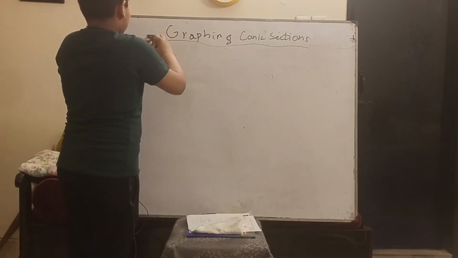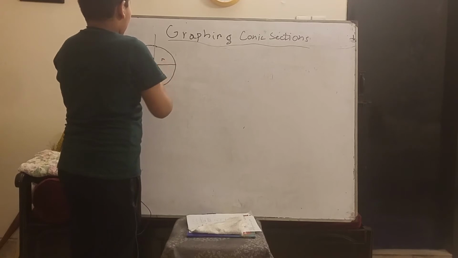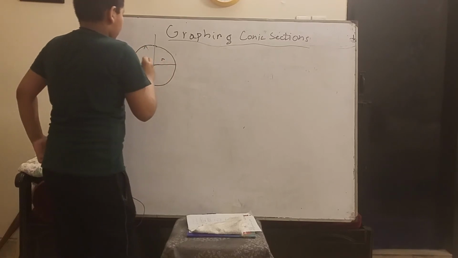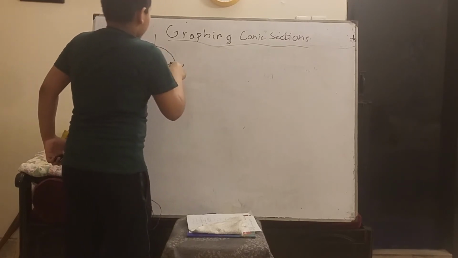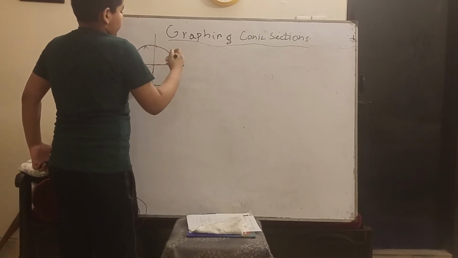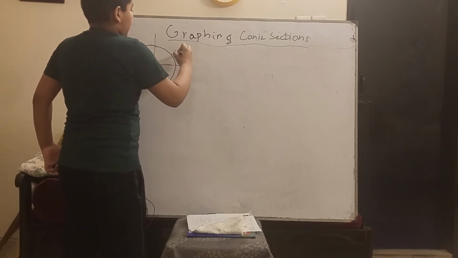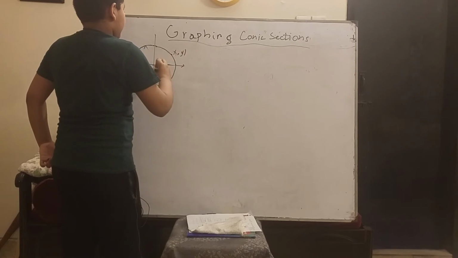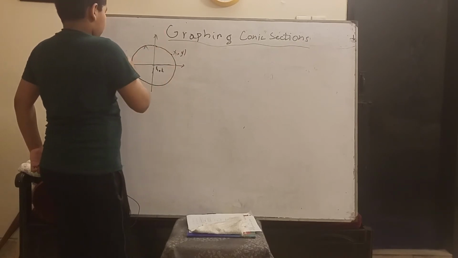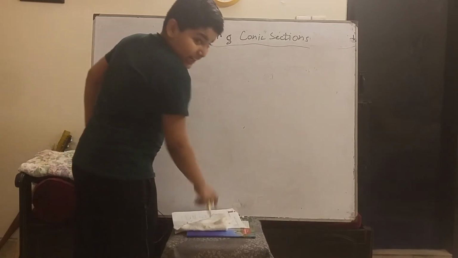So when we give our x and y coordinates, we can say the point on the circle is x comma y, and the center is h comma k. Okay? See what I did there?